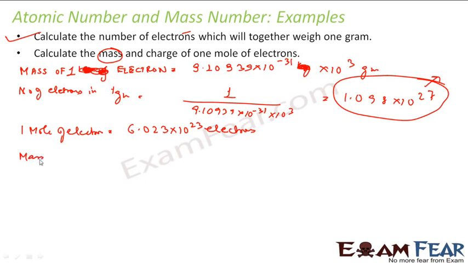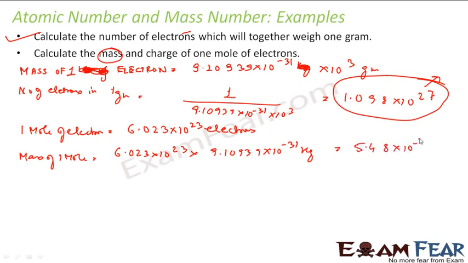So mass of 1 mole is nothing but this many electrons into mass of each electron, that is 9.10939 into 10 to the power minus 31 kg. This is my mass of 1 mole of electron. You solve, it comes out to be 5.48 into 10 to the power minus 7. So mass of 1 mole I got.